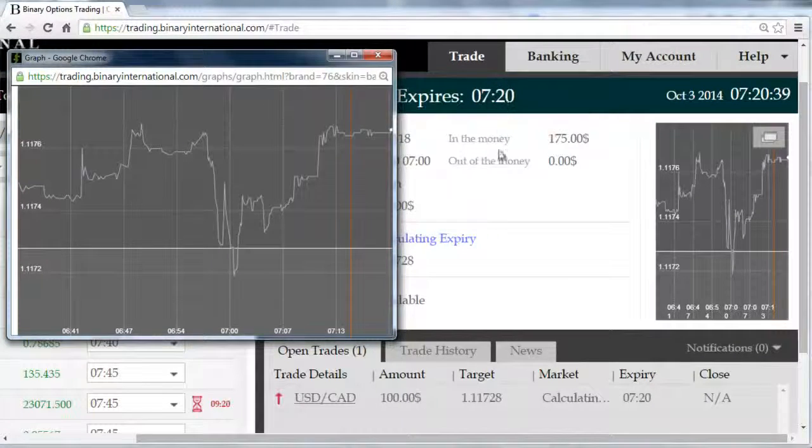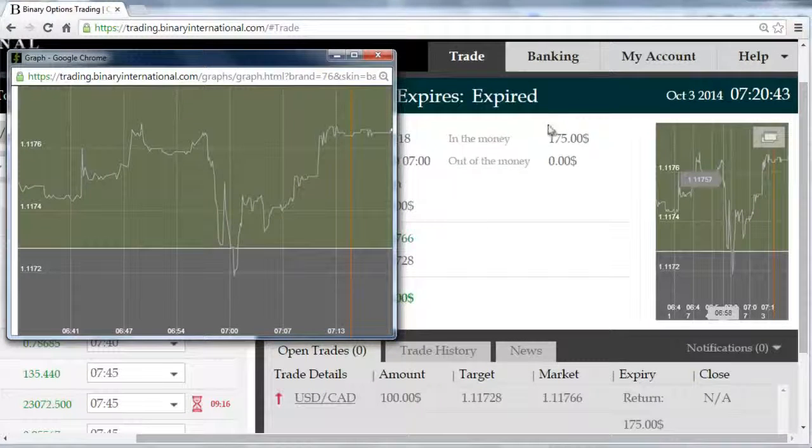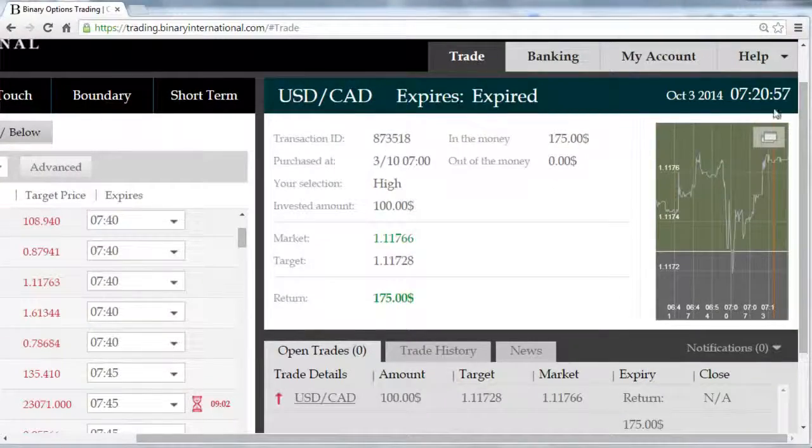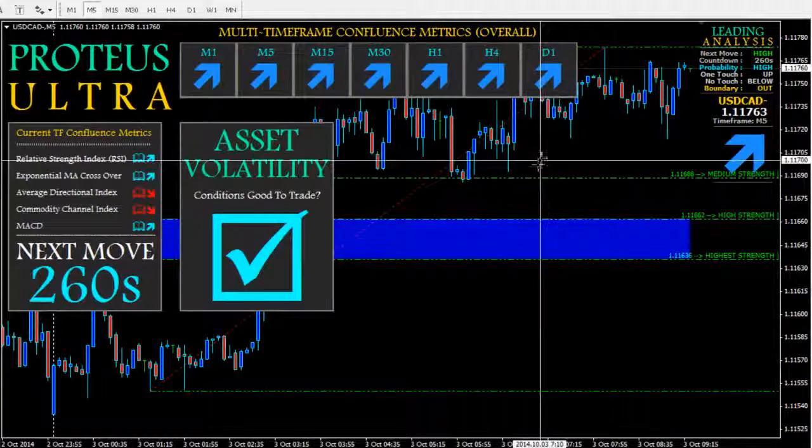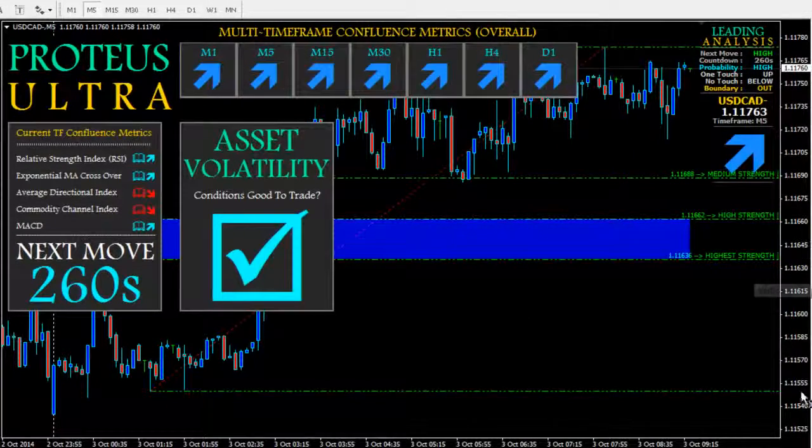booking the profits. This is an example of using ITM Proteus Ultra for very powerful multi-time frame analysis, particularly because you have the leading indicator on the right-hand side available to you to project when the right opportunity exists to get into the trade. Now, multi-time frame analysis on its own is well and good, but if you don't have a tool to allow you to choose the best, most appropriate entry point to that time frame, things get a bit difficult.